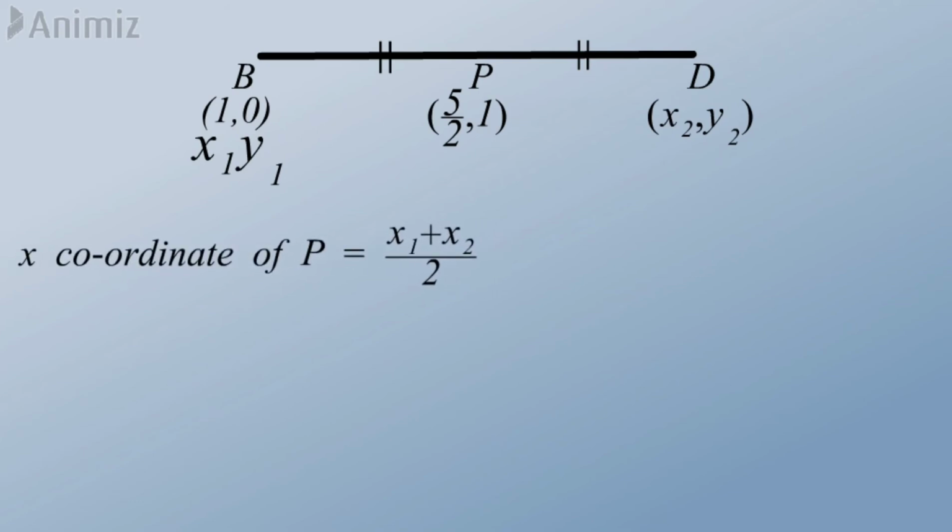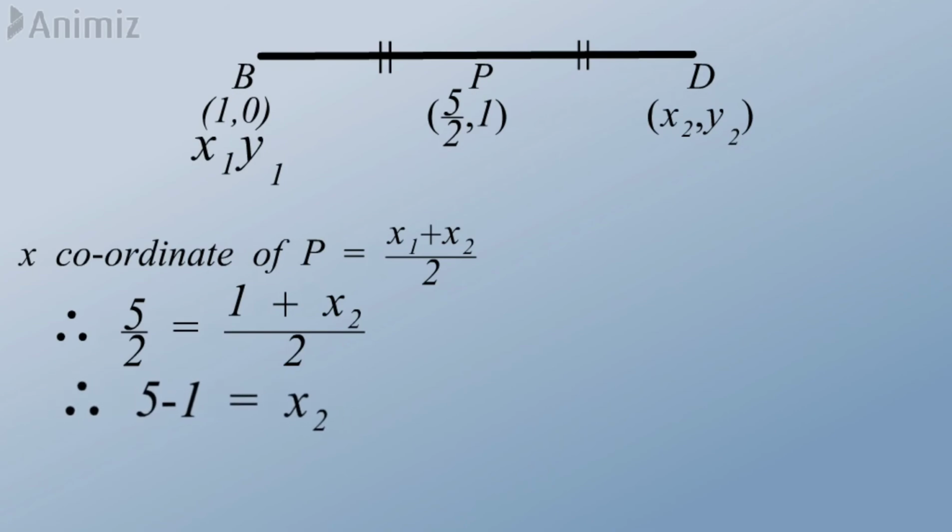When you apply the x coordinate formula of P, that is the midpoint formula only, because P is the midpoint of BD also, and substitute the values, your 5 by 2 will be 1 plus x2 by 2. You cancel the 2 on both sides and transfer 1 towards the left hand side. When you transfer 1 towards the left hand side, you will get 5 minus 1 equal to x2. So your value of x2 is 4.